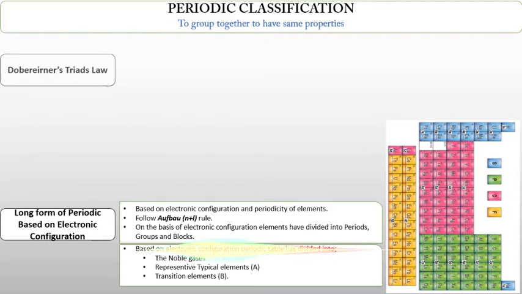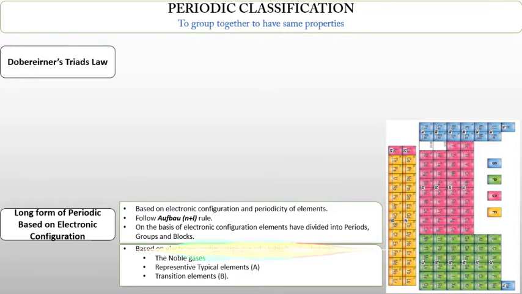Okay, now let's start from the beginning: how the periodic table was made. You can see this is the final periodic table. It has come to us by the effort of different scientists.